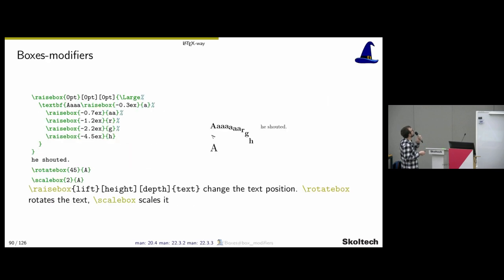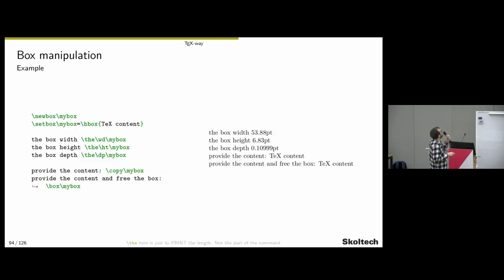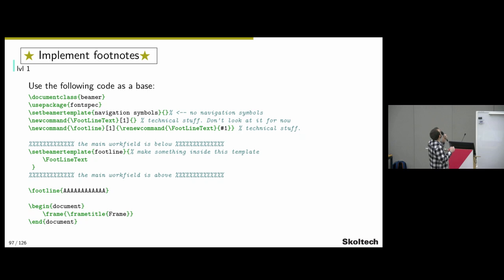So try to use one of these boxes. Try to wrap your text. Try to wrap this stuff, this is where the text is produced. Try to wrap it with some box.